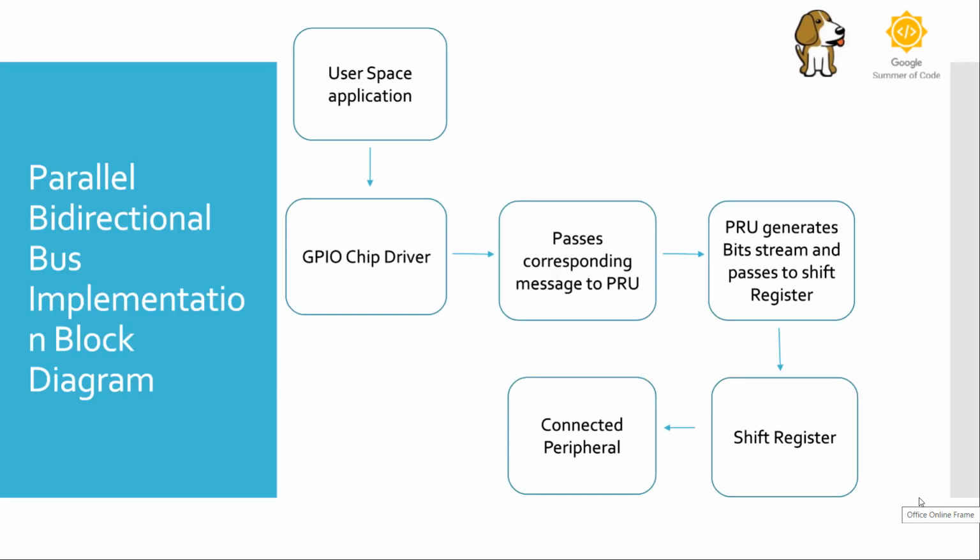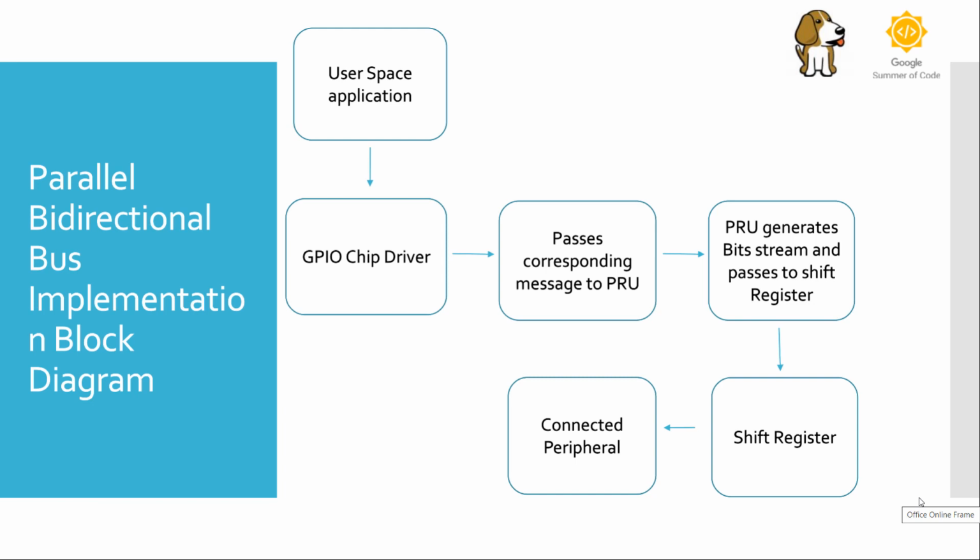So here is a block diagram that depicts the flow of information in my application. First, the user space application will invoke the GPIO chip driver and will pass it instruction or data. Then the chip driver will pass it to the PRU. This can be done using RP messages or writing this information on a specific register from where the PRU can read it.